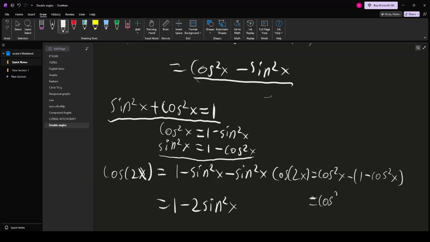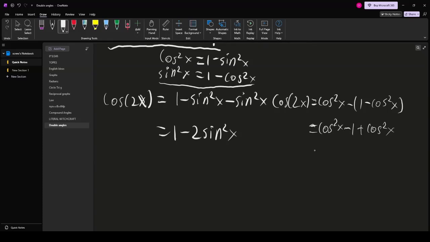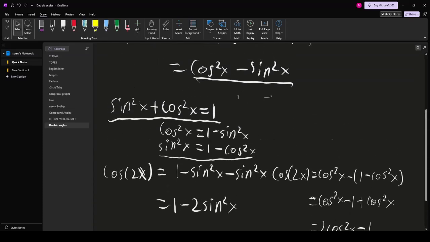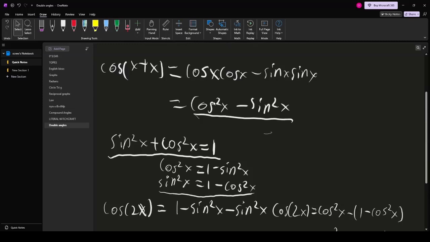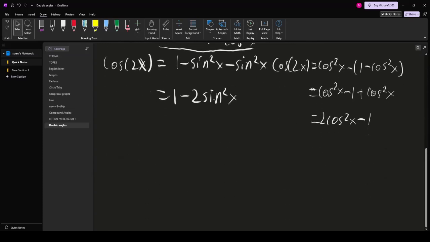Now we get cos squared x minus 1 plus cos squared x. Combining like terms, that's 2 cos squared x minus 1. So there's three formulas for the same thing.